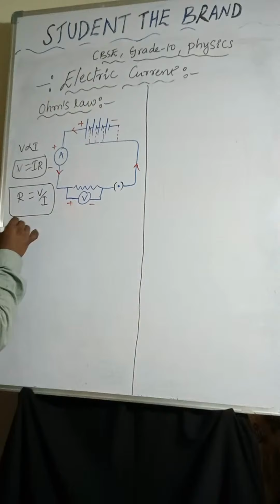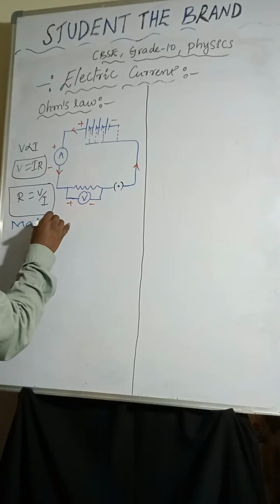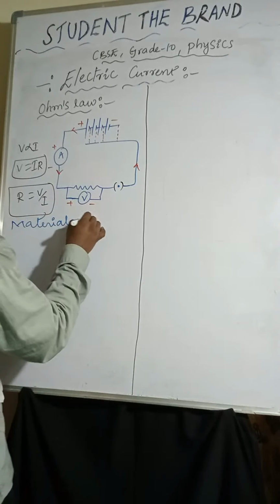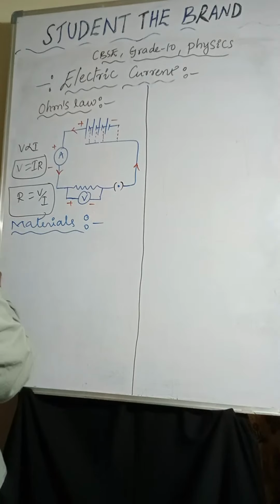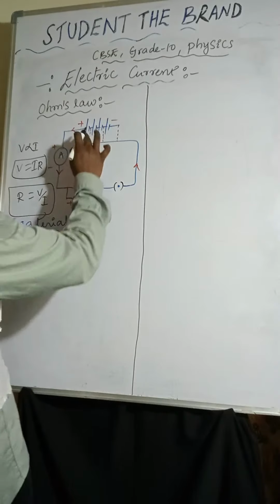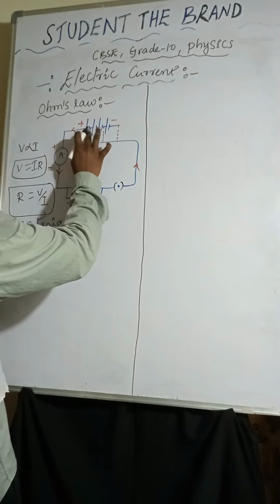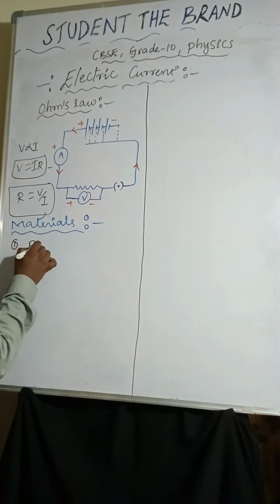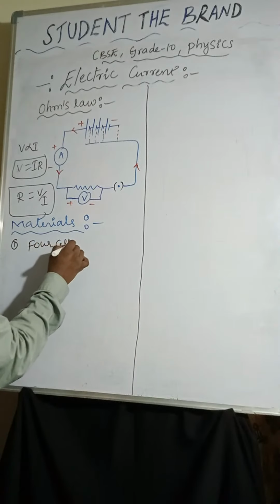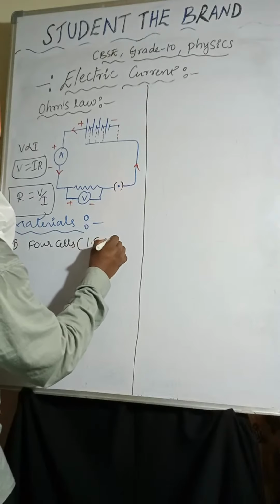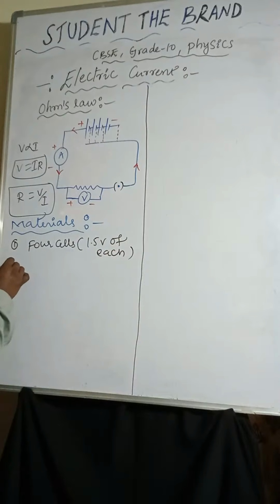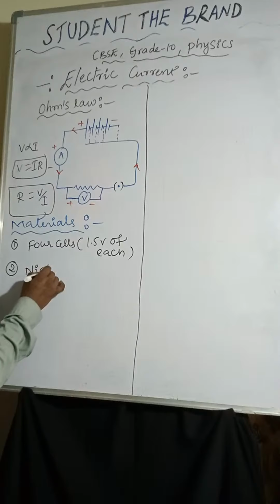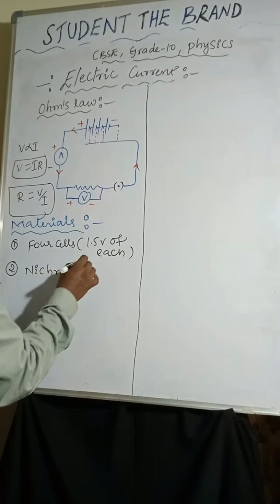What are the materials required for doing this experiment? First, we should take 4 cells of 1.5 volts each. Second, we take nichrome wire, an alloy of nickel, chromium, manganese and iron.